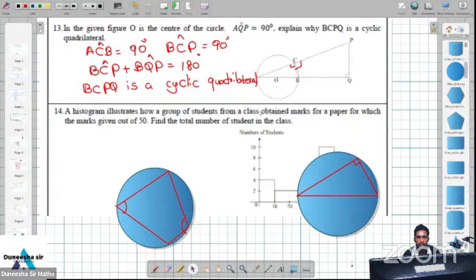BCPQ is a cyclic quadrilateral. හරි cyclic quadrilateral එක නම් මම කලින් කිව්වා වගේ the opposite angle summation should be equal to 180. 180ක් වෙන්න ඕන.